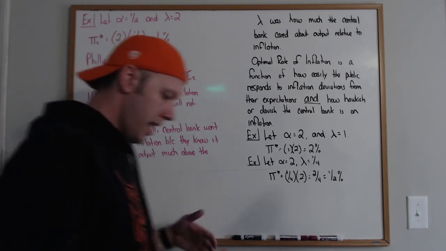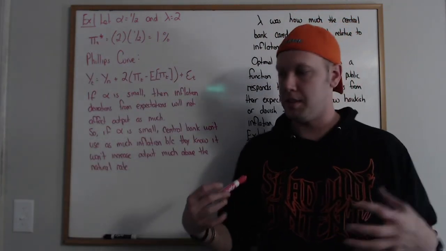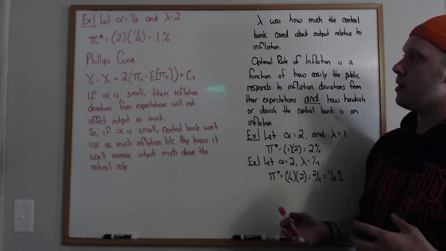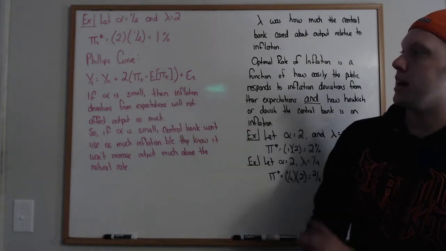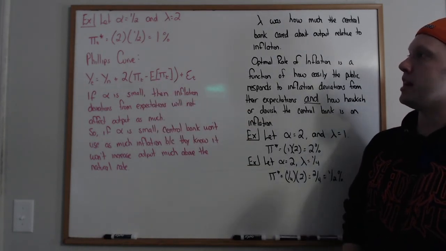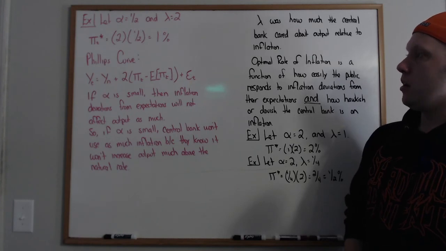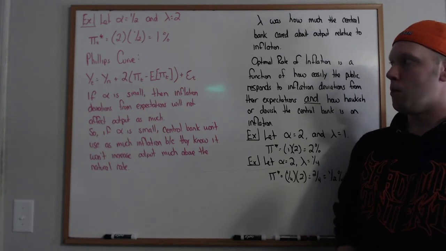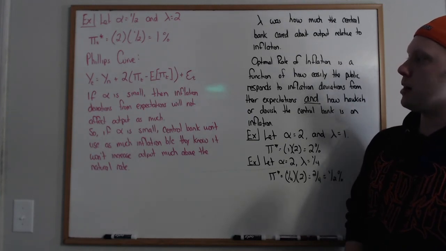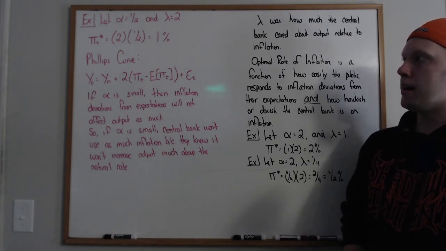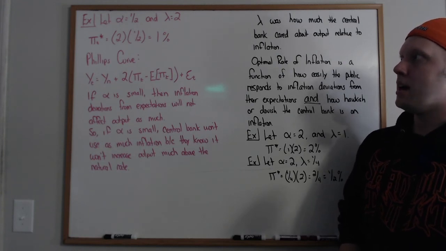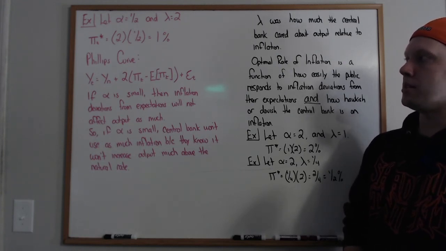So that explains how these deviations of inflation from expected inflation can influence actual output, or the rate of output above its natural rate, and also why the monetary authority is selecting their optimal rate of inflation to be equal to lambda times alpha, because it's a combination of how sensitive the economy is to changes in inflation from expectations and how hawkish or dovish the central bank is on inflation.